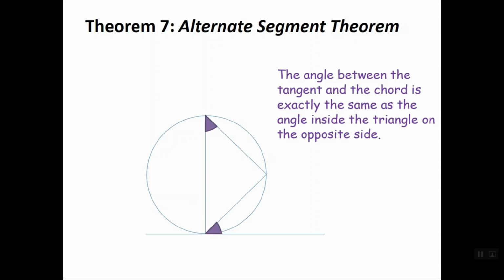If I draw another angle there, that angle would be equal again to those two. Also, this angle in green, between the chord and the tangent, is equal to this angle here, which is on the opposite side in the triangle.